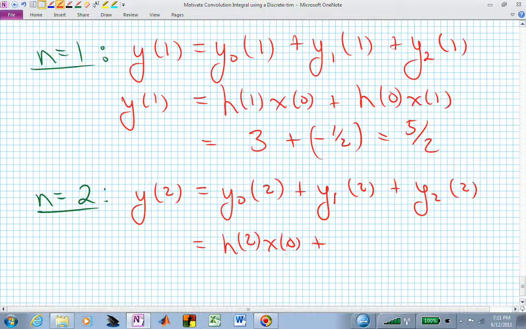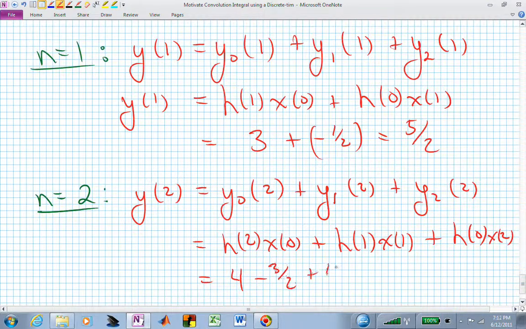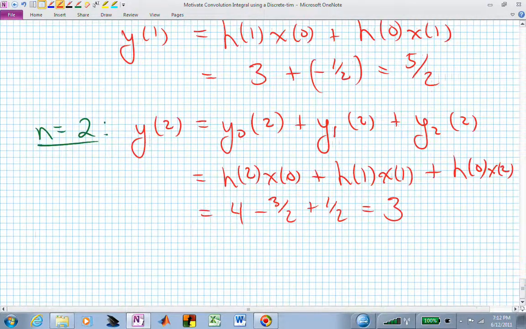The component y sub 1 at time 2 is 1 time step beyond the application of its input, which was x of 1, and y sub 2 of 2 is actually the pulse response at time 0 scaled by the input applied at time 2. Numerically, this is 4 minus 3/2 plus 1/2, or 4 minus 1, which is 3, and that's the value of our total output response at time n equal 2.